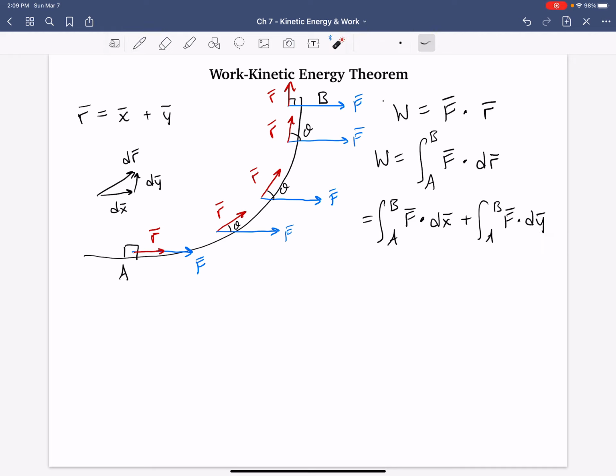And so now what I've done is that I've broken up the general work expression into just the work done in the x direction and just the work done in the y direction. Okay, so if you wanted to, work x and work y.